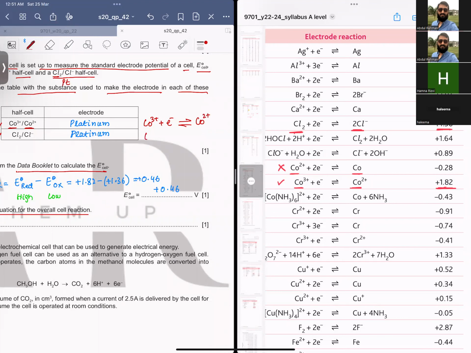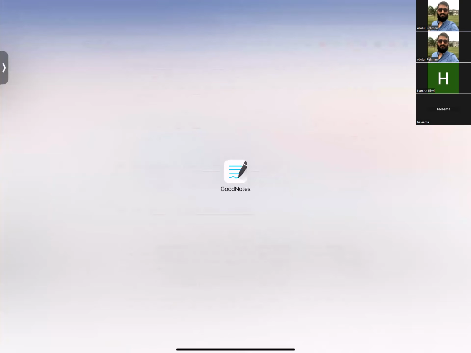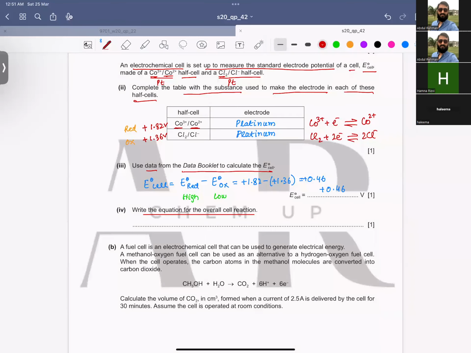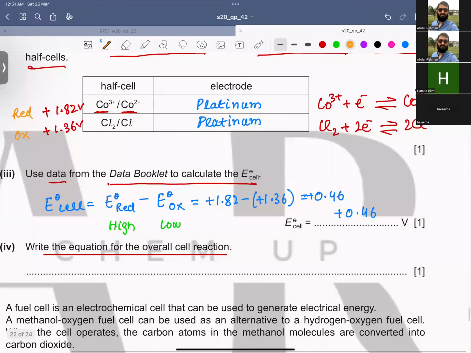In the same way, chlorine gaining 2 electrons and forming 2 chloride ions. As we have decided earlier, this one is undergoing reduction and this one is undergoing oxidation.